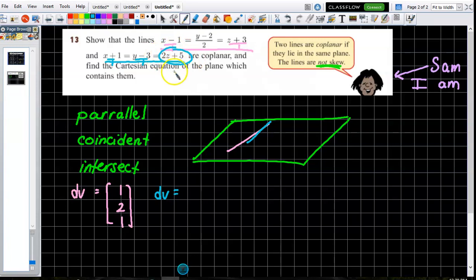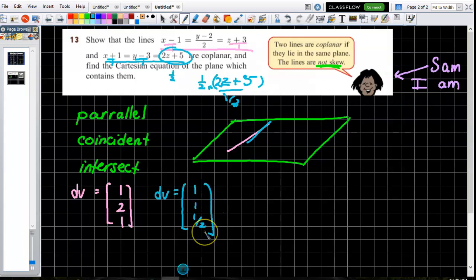So that one is actually a half, because technically you're timesing by a half at the top, and you have to divide by a half as well. So if I times by half, I'll get my 1z, but then I have to divide by half because what I do to the top, I have to do to the bottom. So the direction vector is 1, 1, 1/2.